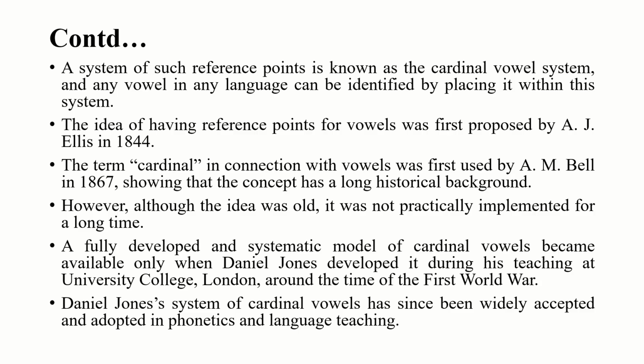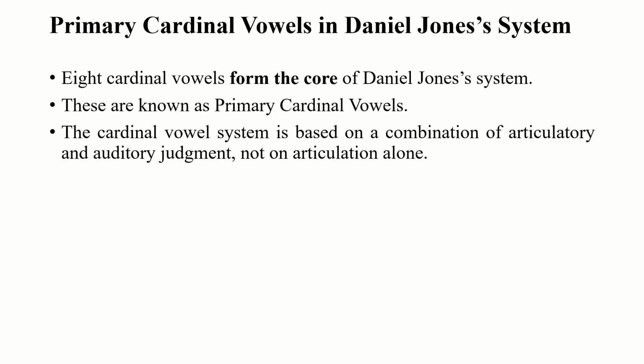So the credit for cardinal vowels goes to Daniel Jones, who developed the system as a professor at University College London, during 1914 to 1918. The Daniel Jones system of cardinal vowels has since been widely accepted and adopted in phonetics and language teaching.